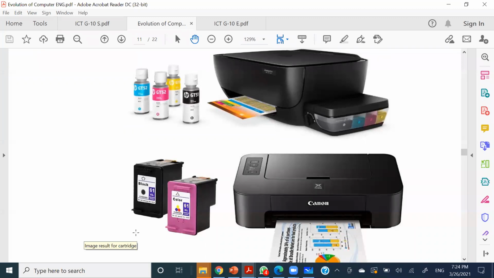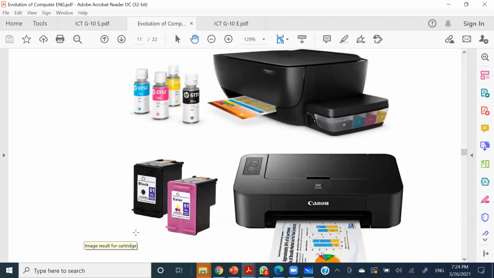And even if you refill that cartridge, its durability decreases, so the time we can use it after refilling gets less. At most you could refill up to 10 times, then after that you have to purchase a new one.